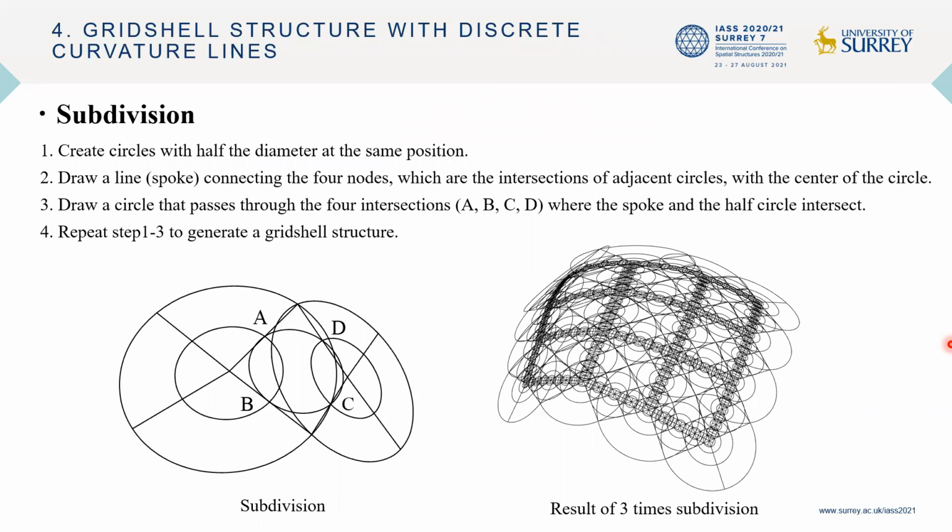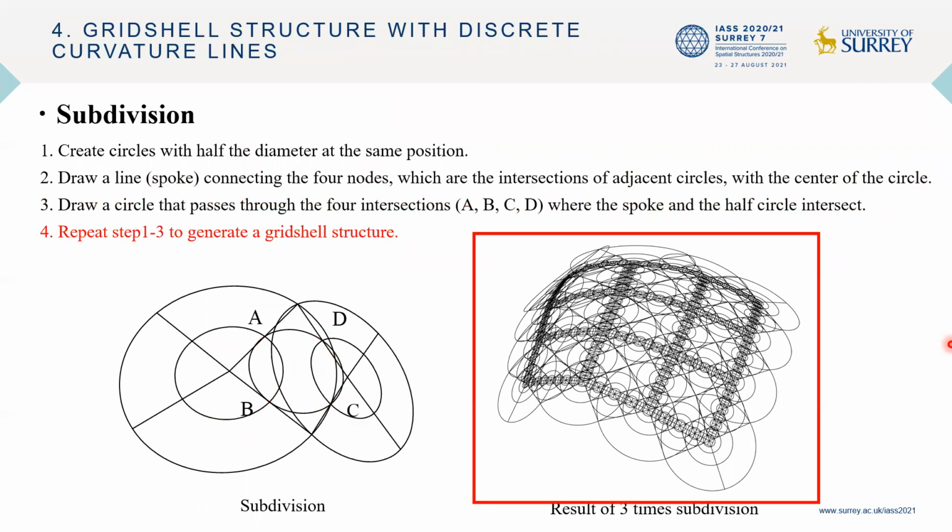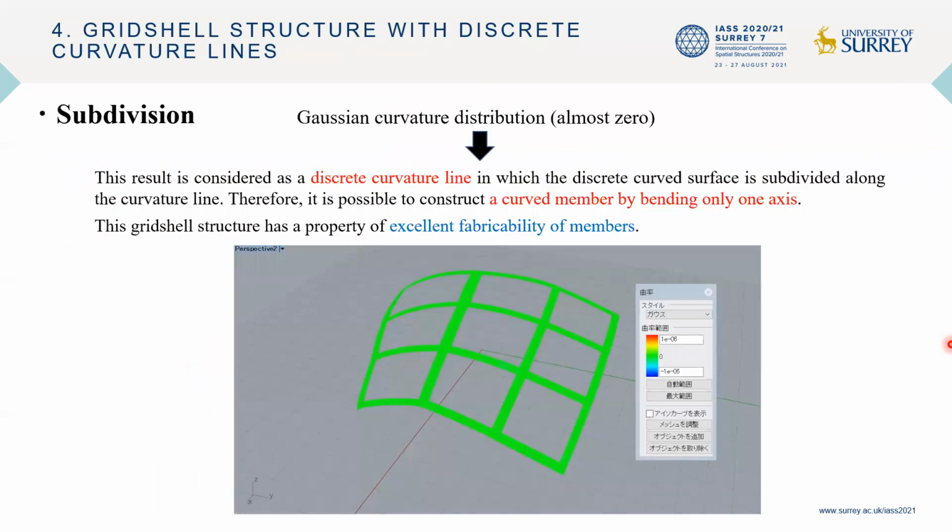This slide shows how a gridshell structure is generated from a circular net. The circular net is subdivided in the direction of principal curvature. The method is as follows: first step, second step, third step. Repeat these steps to generate the gridshell structure. This figure shows the Gaussian curvature distribution.